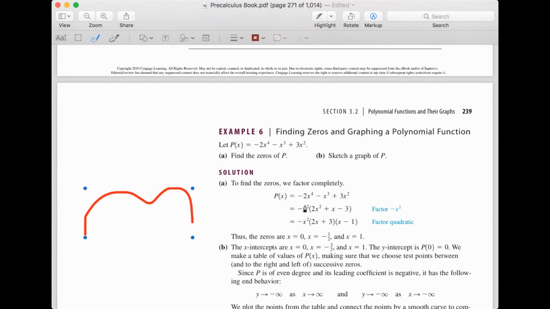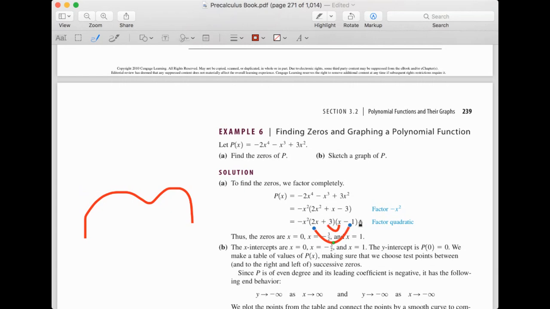So let's factor out the negative x squared. Once we factor out negative x squared, we have 2x squared plus x minus 3. Now we can factor this as 2x plus 3, x minus 1. We see the middle term is 3x minus 2x, which is positive x.